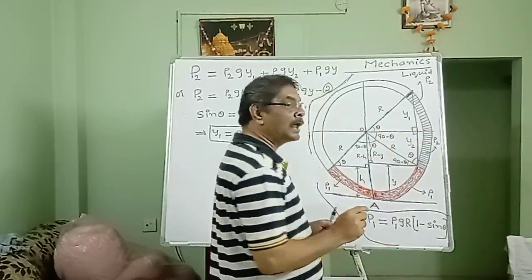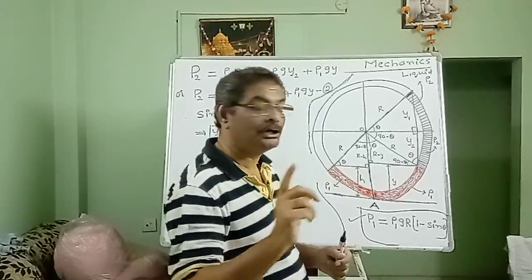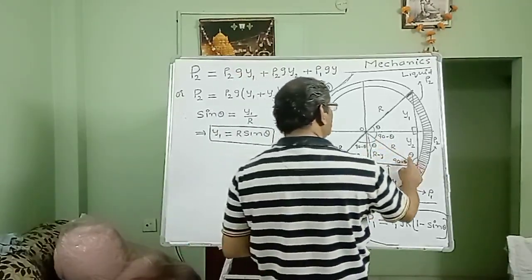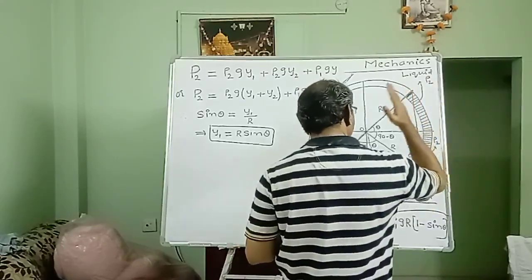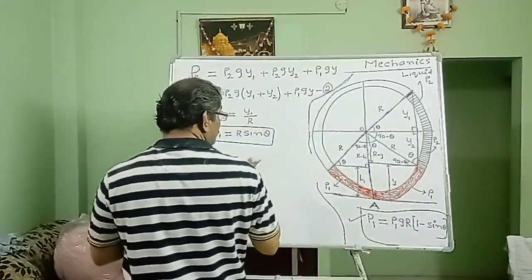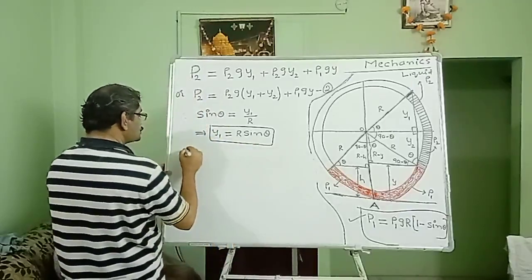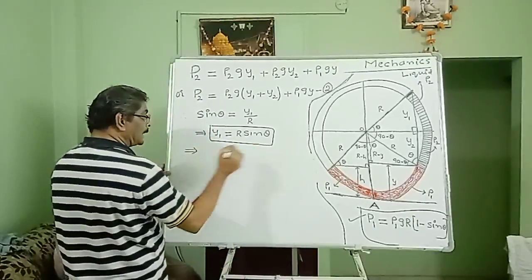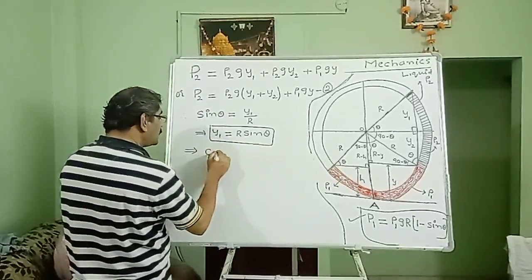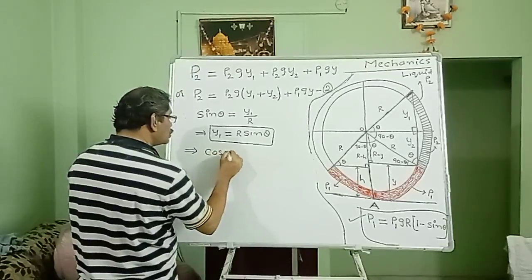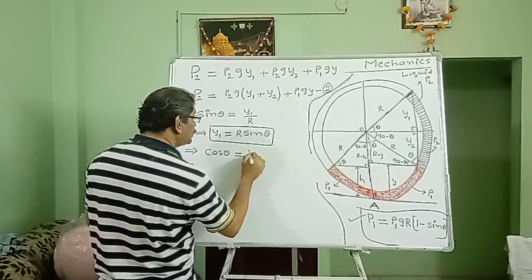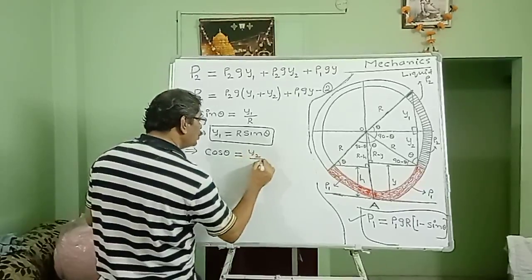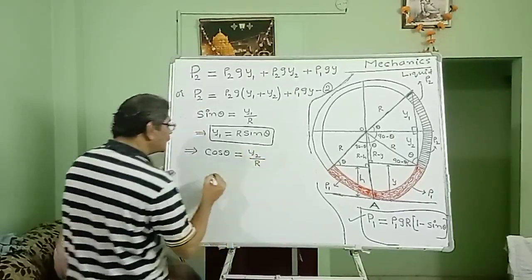So from the other right angle triangle, cos theta will be numerically equal to y2 divided by r.